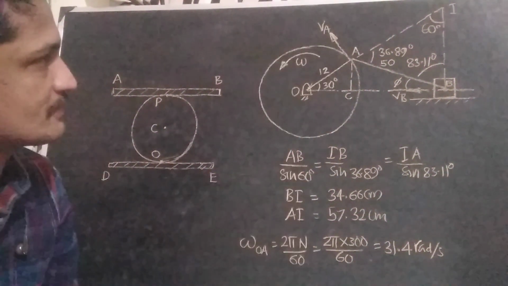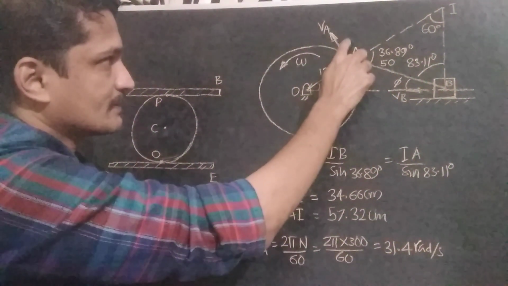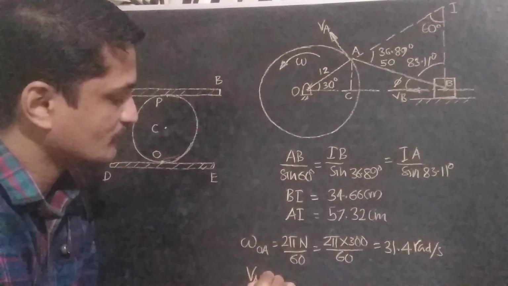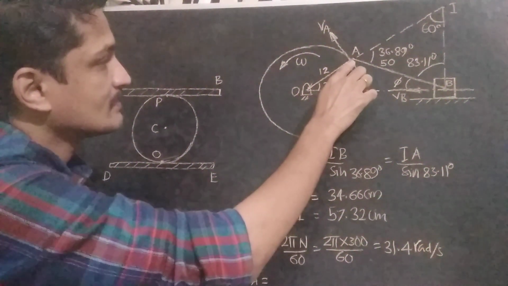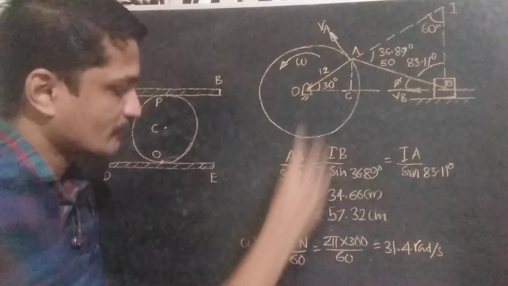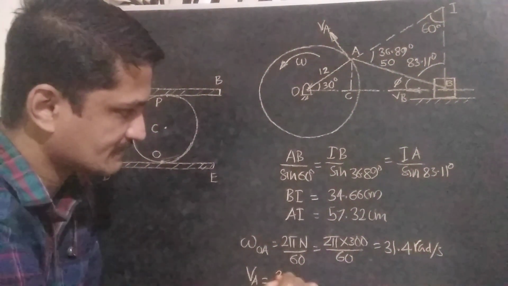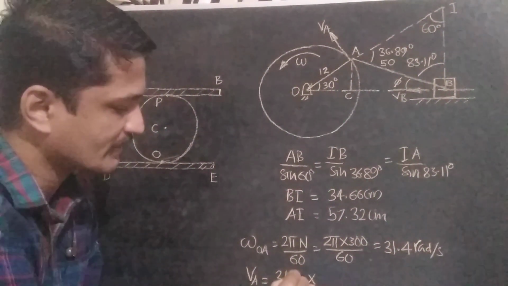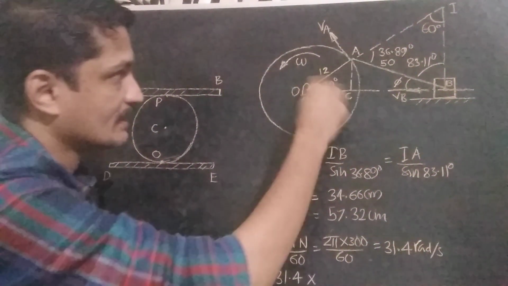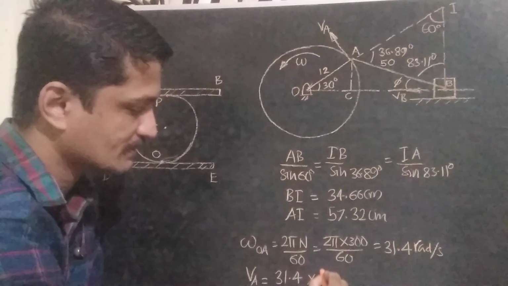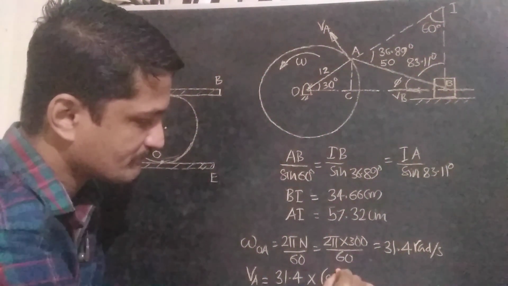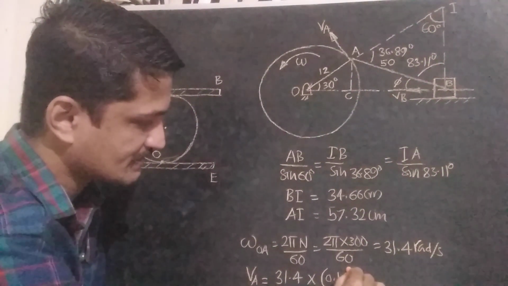Velocity of A, VA, is equal to omega OA into OA. Omega OA is 31.4, into OA. OA is equal to 12 centimeter, that is 0.12 meter.